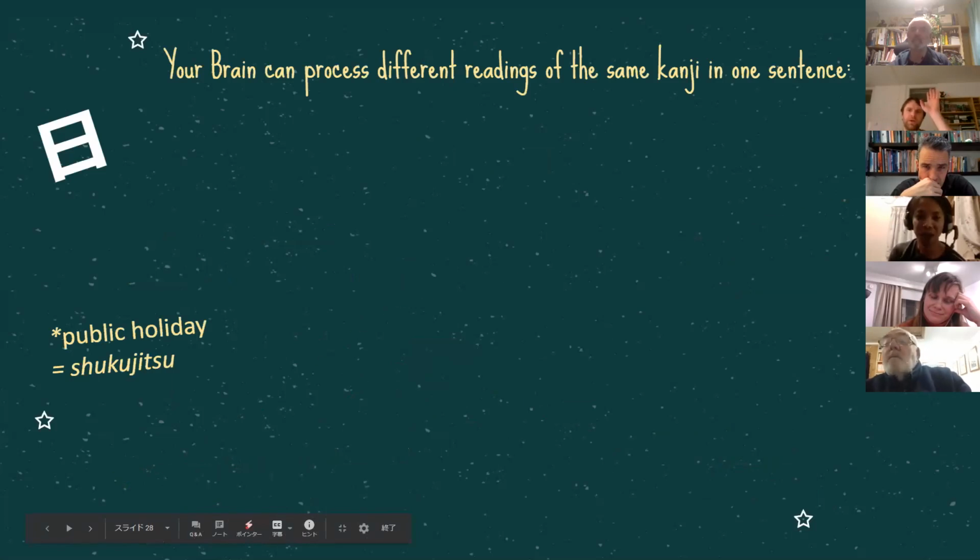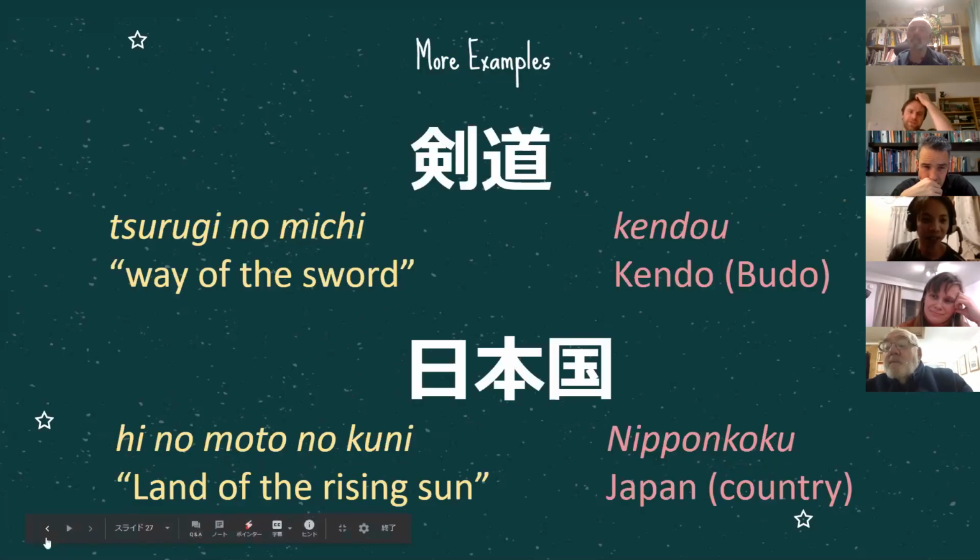Andre, I noticed that in the Japanese reading, you add no between each and every word. Yes, that's the rule. In Japanese language, you have to add no between nouns. Tsurugi no michi.